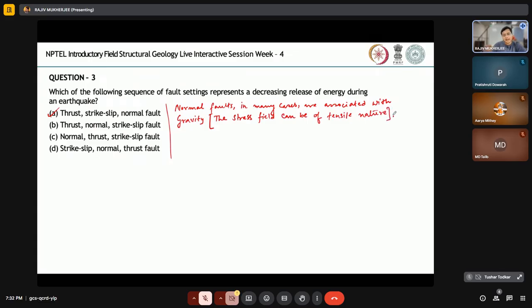Okay. Thrust faults, on the other hand, work against or opposite to gravity, and therefore the stress field is obviously compressive in nature.